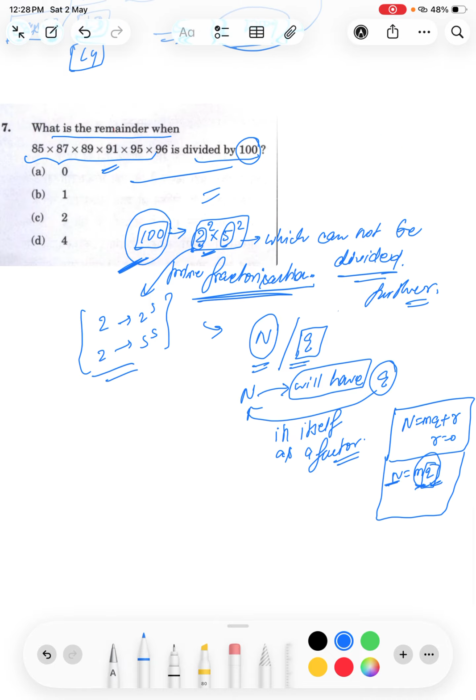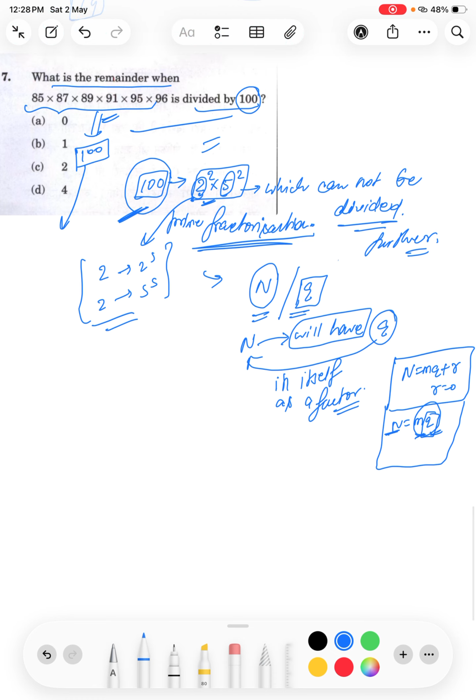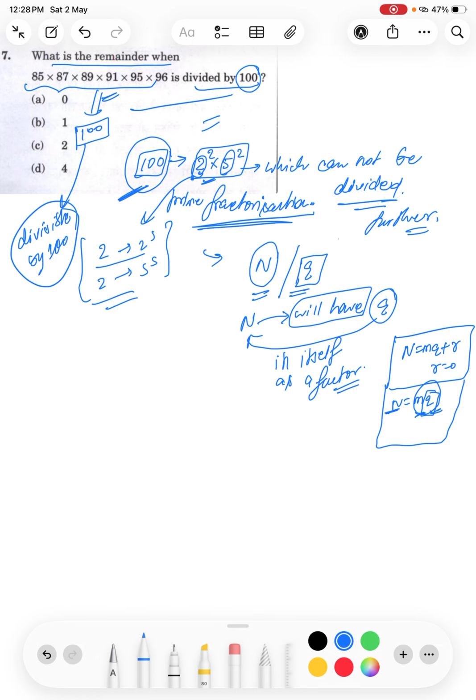So if we are able to find 100 in this expression as a factor, then what we can say is that this is divisible by 100. We have two 2's in 100 and two 5's in 100. Let's see if we have two 2's and two 5's in this expression.